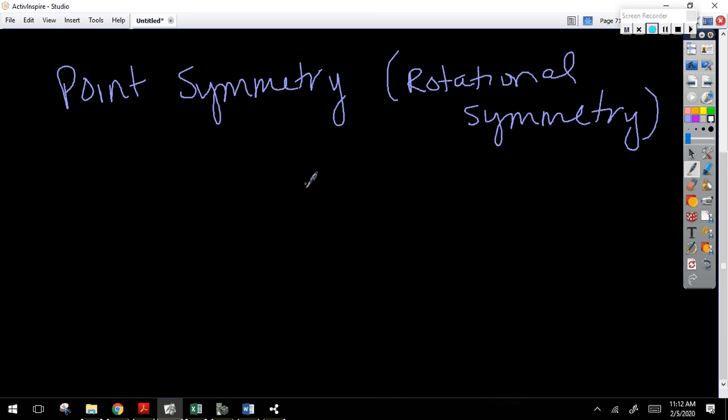Another name for line symmetry is reflective symmetry, because it's reflected over a line.